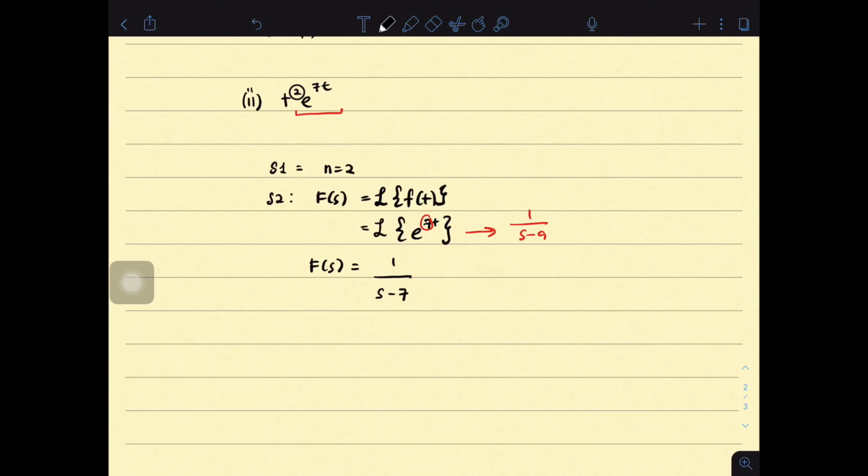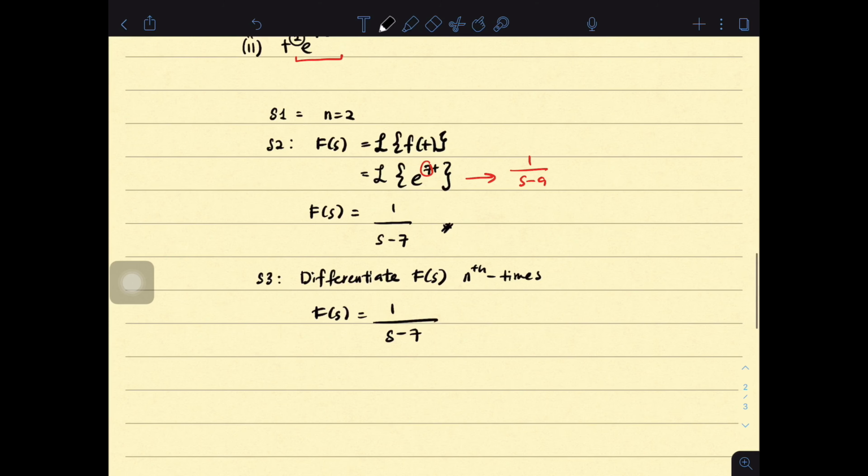Now in step number 3, we need to differentiate F(s) n times, where now n is equal to 2. Therefore, we need to differentiate F(s) two times. We have F(s) equal to 1 over s minus 7.